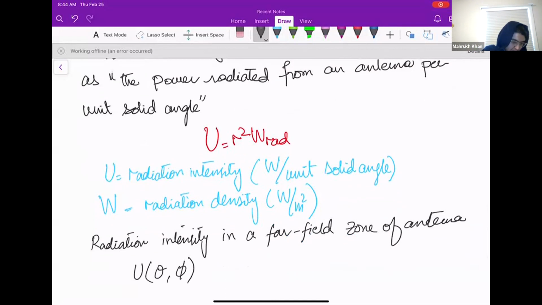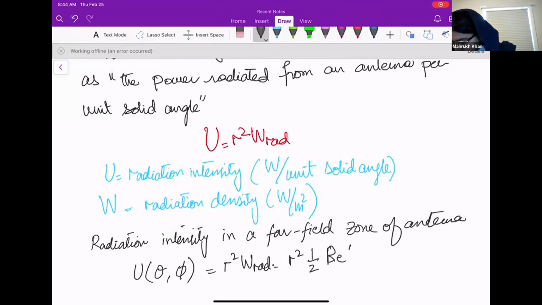So, okay. So we know that it is equal to R squared W rad, where we know that our W rad was 1/2 real part of E cross H conjugate. Okay.